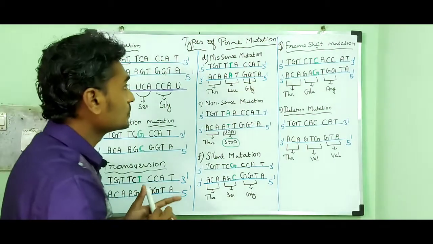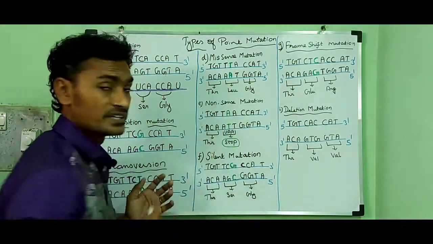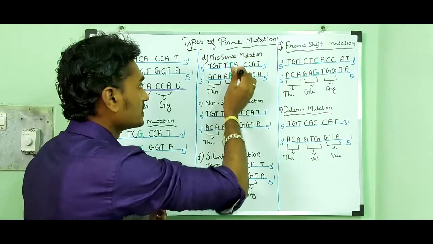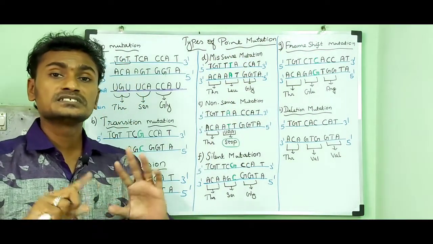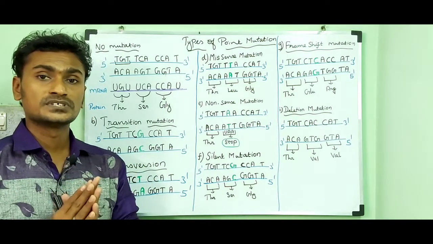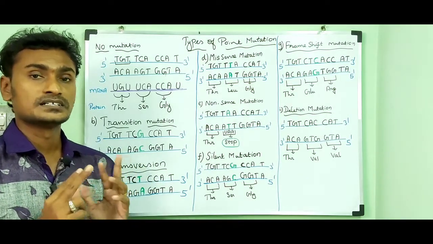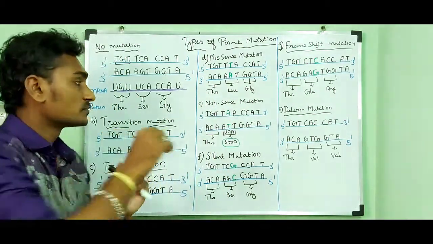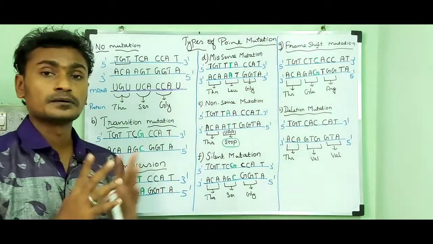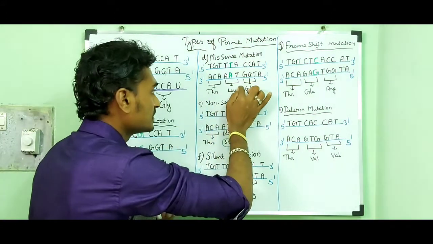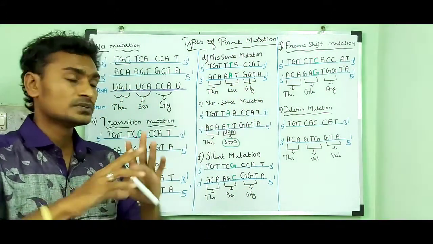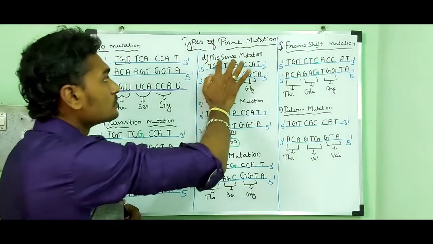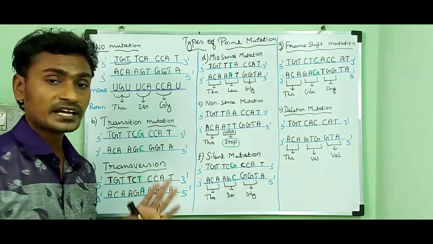Due to the change in a single base pair, it leads to production of different amino acids, irrespective of the original amino acid sequence, and that process is called missense mutation.